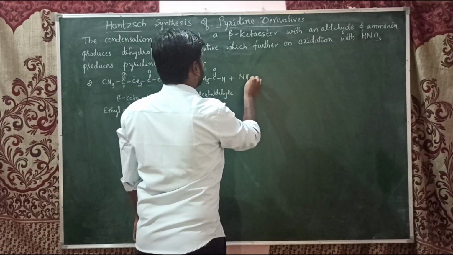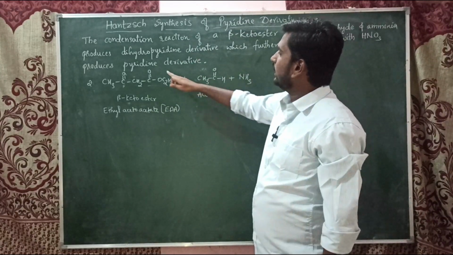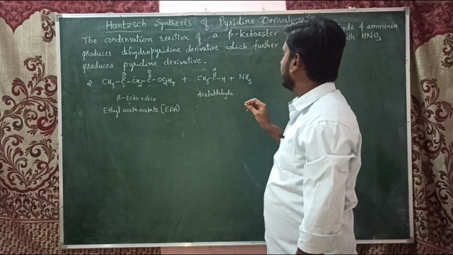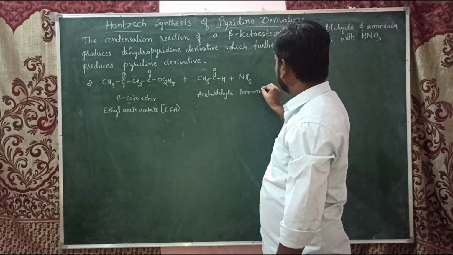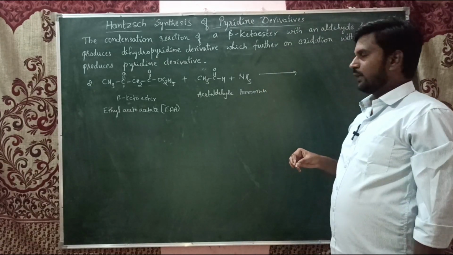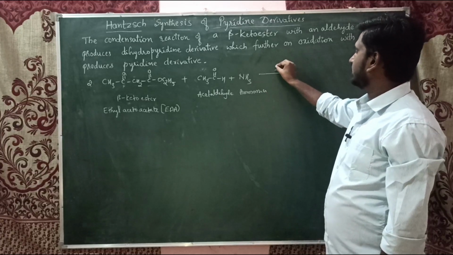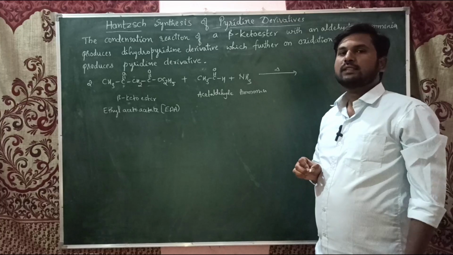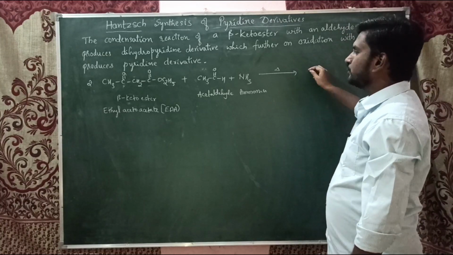So all these 3 will get condensed, and it is going to give us a dihydropyridine derivative. Usually condensation means heating with removal of water. That we'll see in the mechanism.